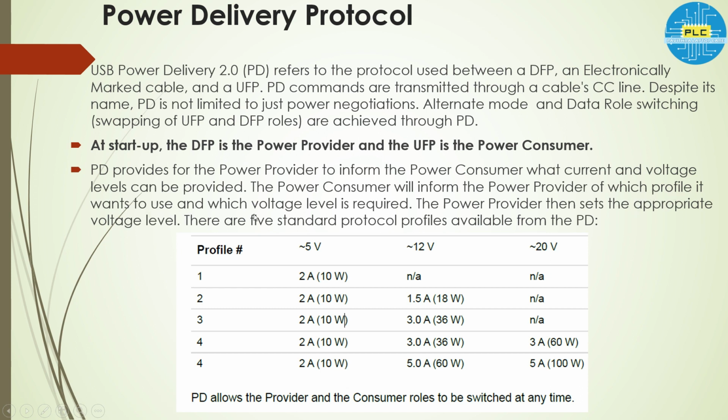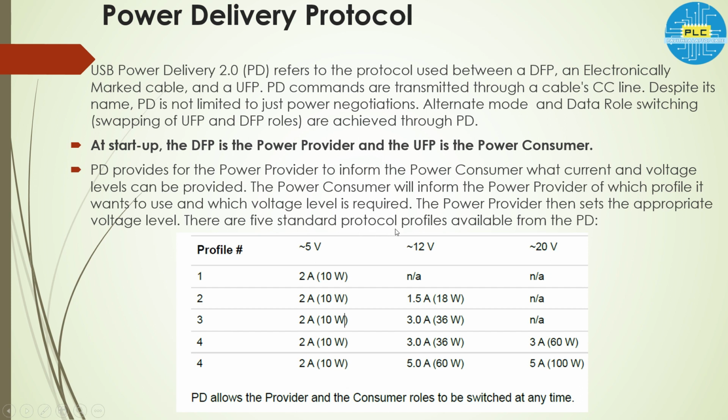Which profile, in the sense, in the laptop you need 20 volts, and the ampere rate also will be high. The power provider then sets the appropriate voltage level, which as I told is 5 volts, 15 or 20. It depends on communication between DFP, UFP and the cable.